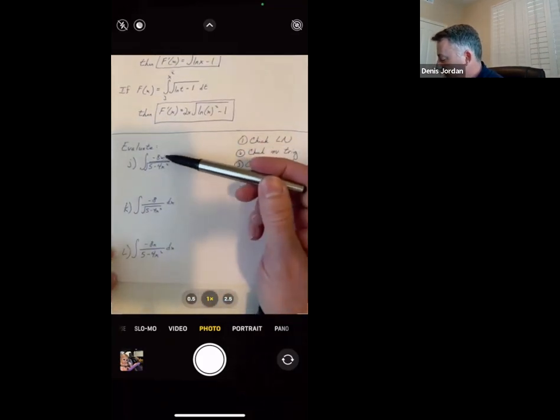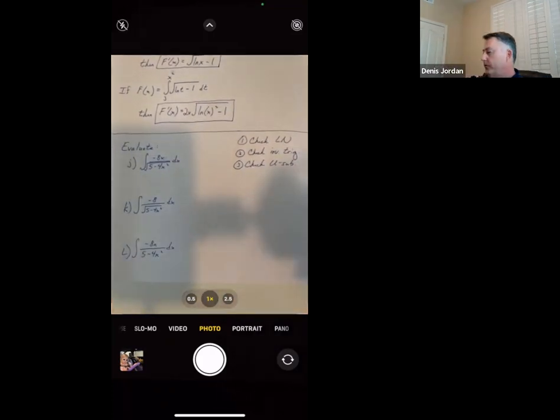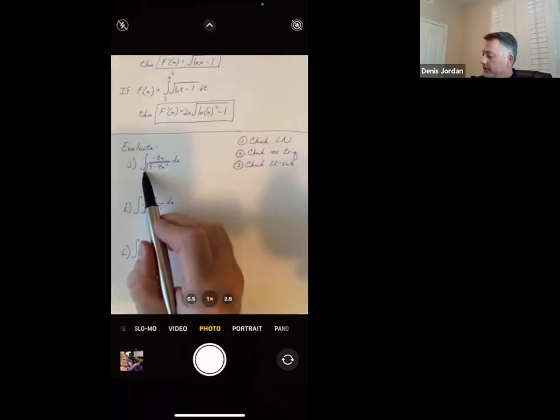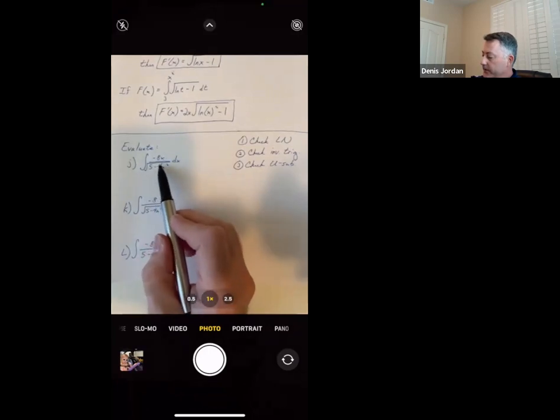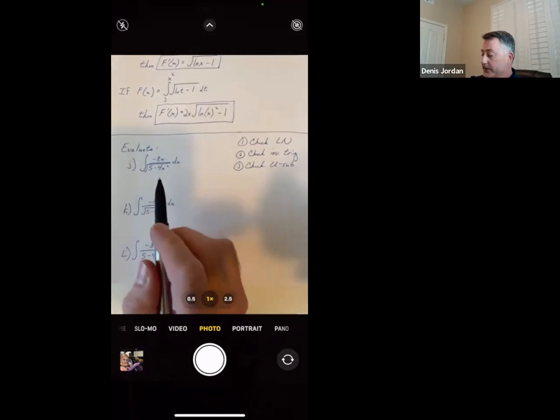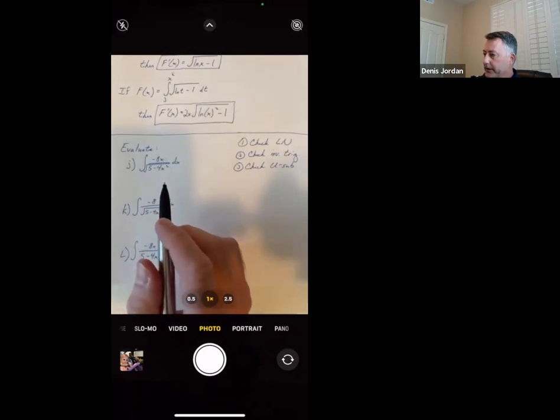So out of these three, which one has the derivative sitting on top? J does. No, it would be L. Oh, J doesn't. No, in J you have the square root of 5 minus 4x squared, so the square root is down there and is still part of that function. The derivative of that square root is going to give you another square root.